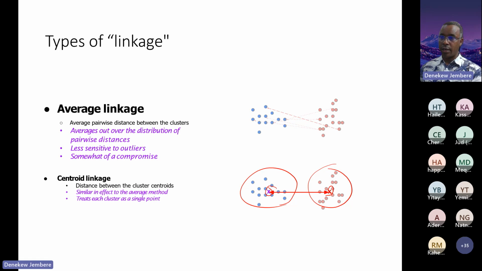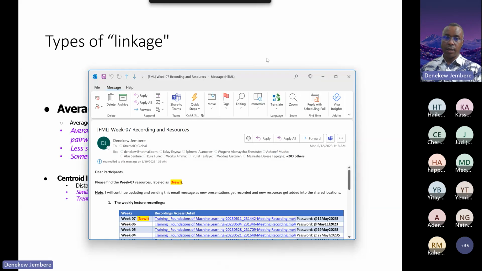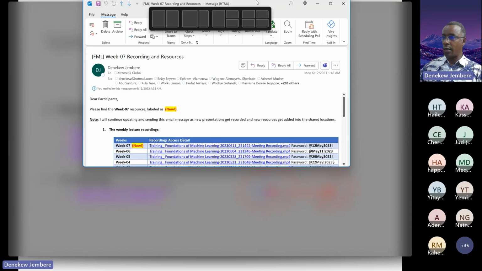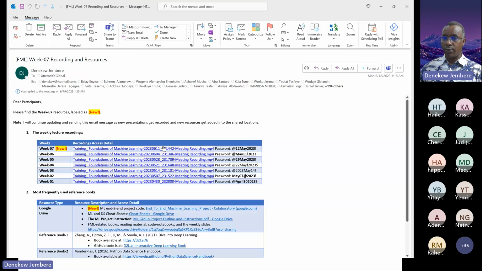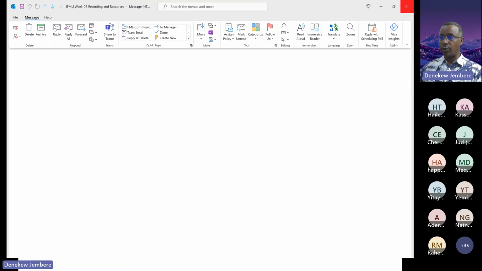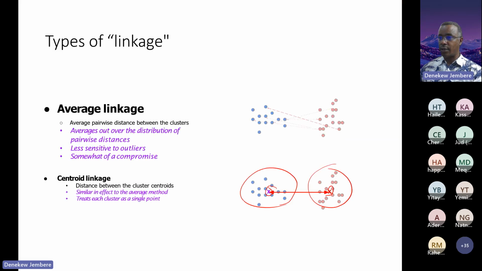Okay, just give me a moment. I am opening. Yeah, so here are the resources that I have been sharing. Okay, this only goes all the way to the 7th, but let me open the 8th.